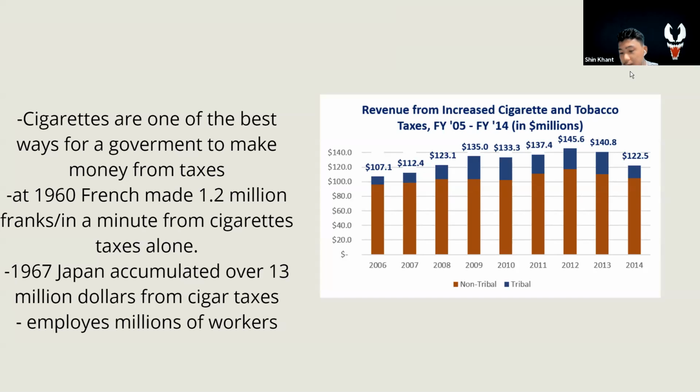The process was high production. In 1967, Japan accumulated over $13 billion from cigarette tax.